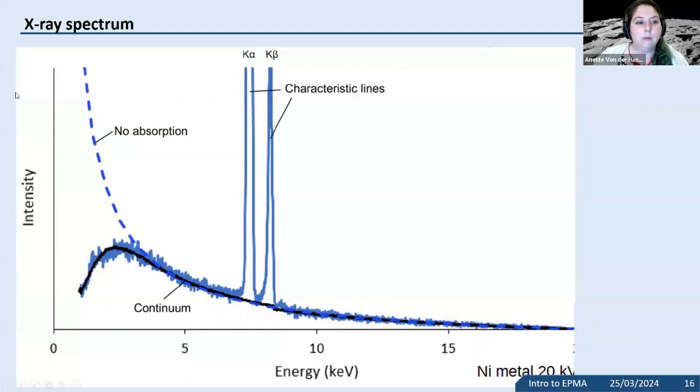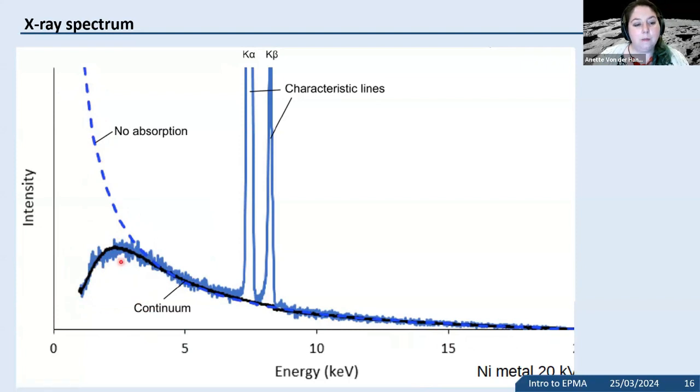And then overall for the X-ray spectrum we have this kind of parabolic shape. But because we usually have windows that protect the detector from the vacuum of the instrument and absorb some of the X-rays, usually the actual shape of the X-ray spectrum that we see has this kind of hump at the low energy side of it.